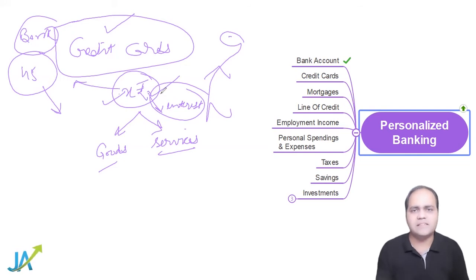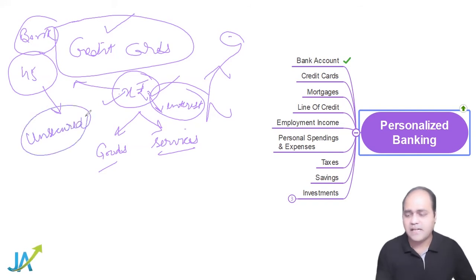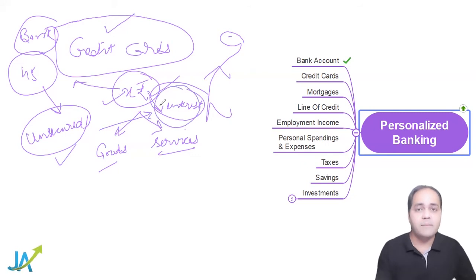Credit cards are considered an unsecured account for the bank. This is a very important point to understand, because being unsecured, the bank is not very sure if it is going to get the money back or not. For this specific reason, they charge higher interest on the amount you spend.